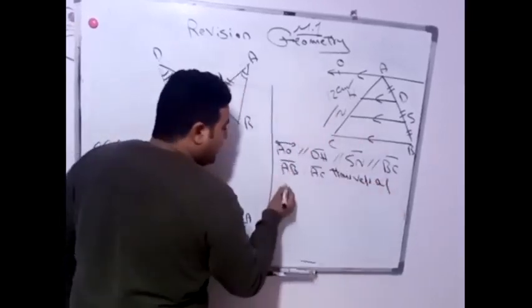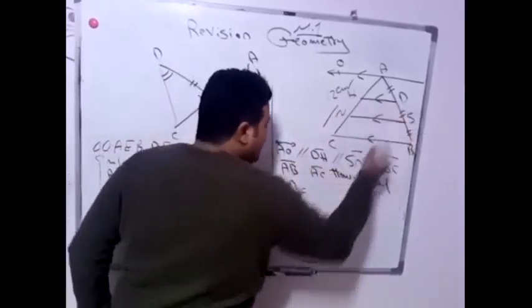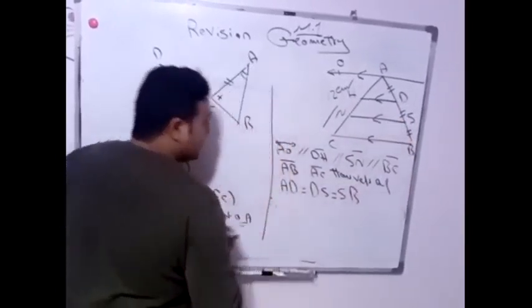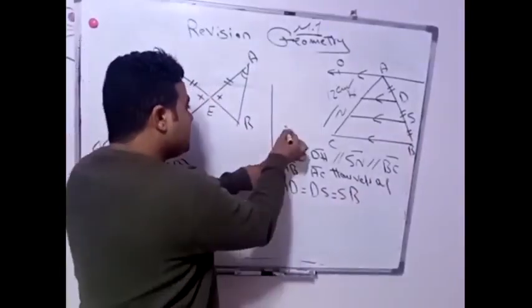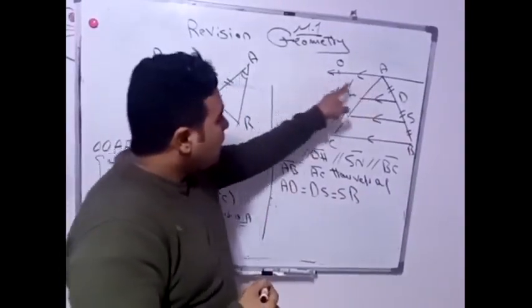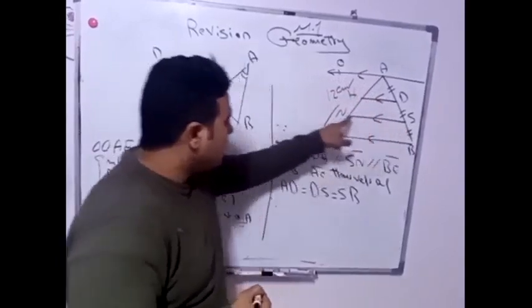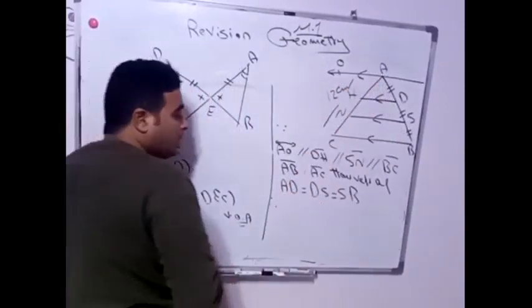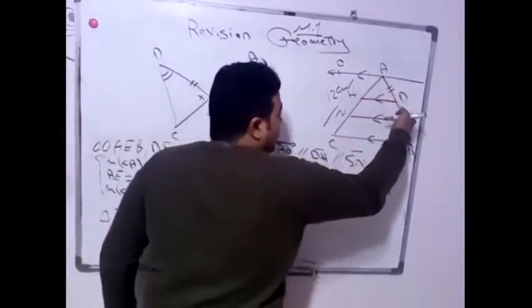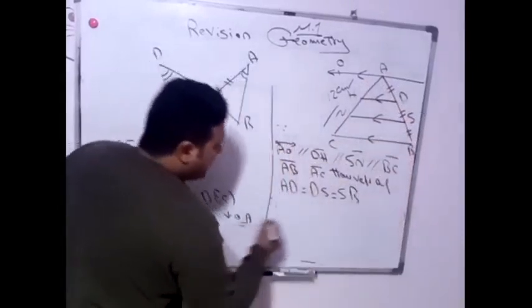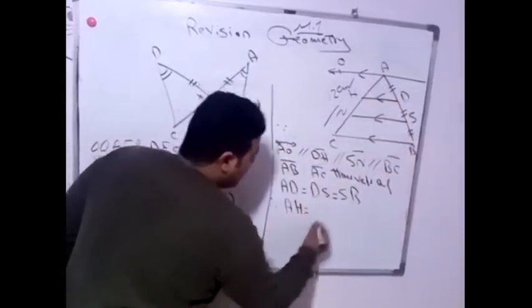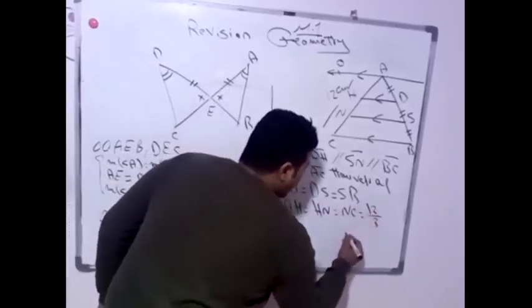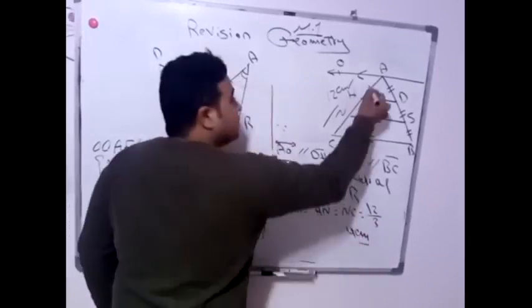And we have AD equal DS equal SC. Since AO is parallel to DH, parallel to SN, parallel to BC, and AB and AC are transversals of them, we have AD equal DS equal SB, therefore AH equal HN equal NC equal 12 divided by 3, so we have 4 centimeters.